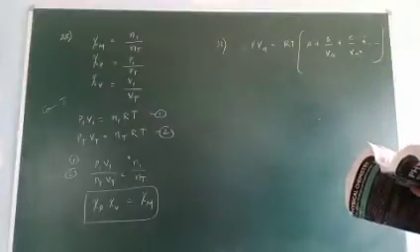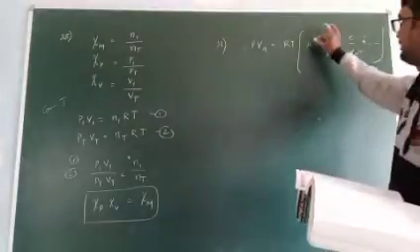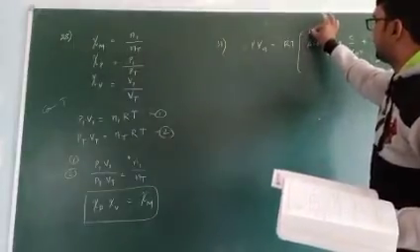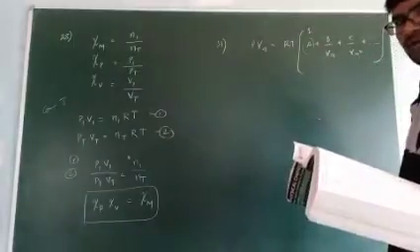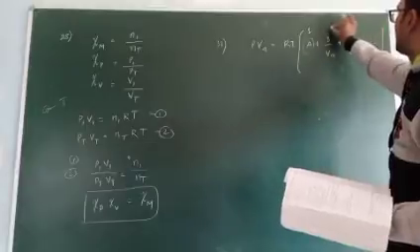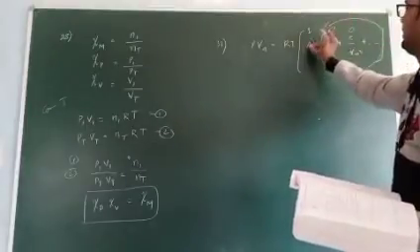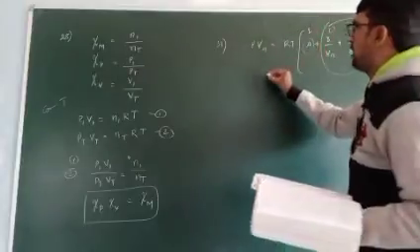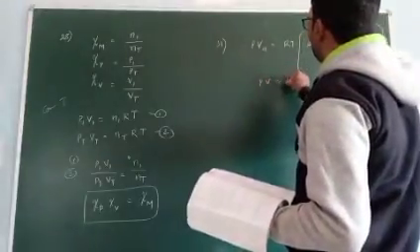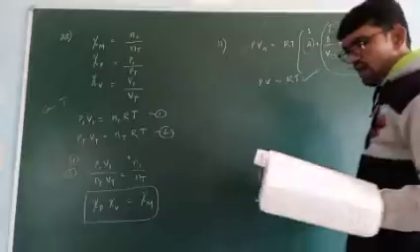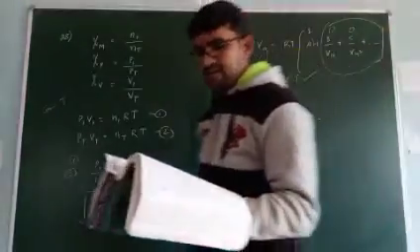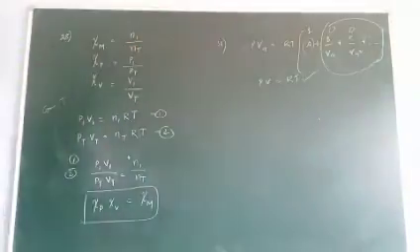It is very simple. A must be unity. That A value must be 1, and the remaining B, C are all zeros. So the remaining value is 0, and this value is 1. So for 1 mole of gas, PV is equal to RT. So option A is the correct one in this case.